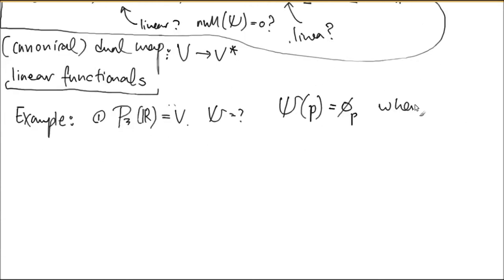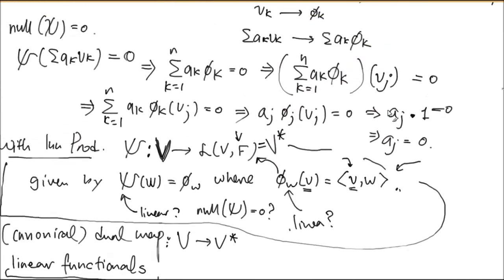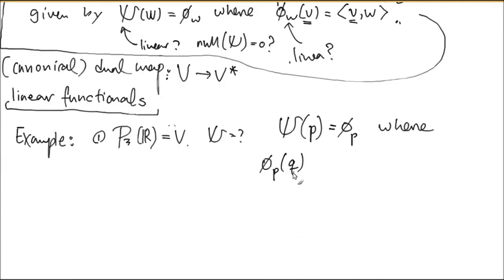Where phi of P, not phi of P, phi subscript P, what should I plug in here? Some polynomial Q, because this is a linear transformation on the polynomial world, right? So it is a linear transformation from polynomials to the scalar R. So that's what this phi is. If I plug in a polynomial, it should spit out a number, right?